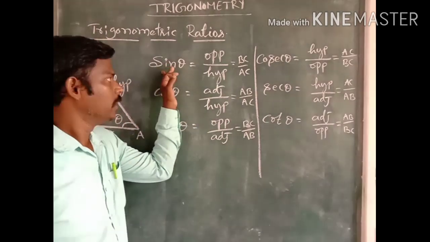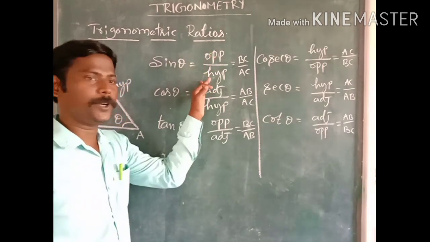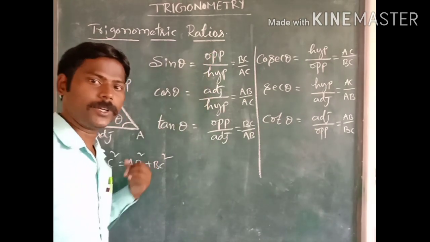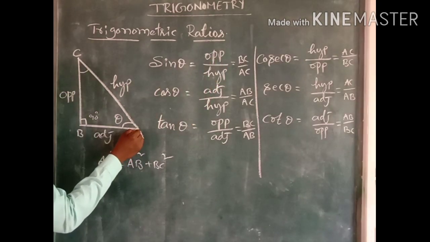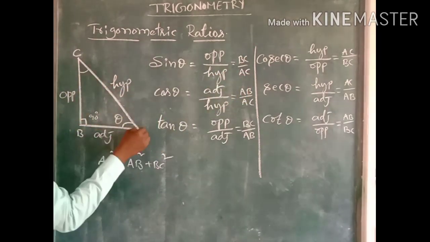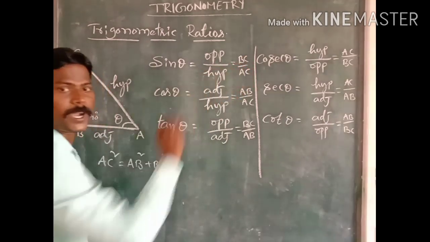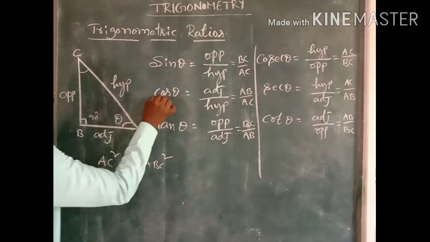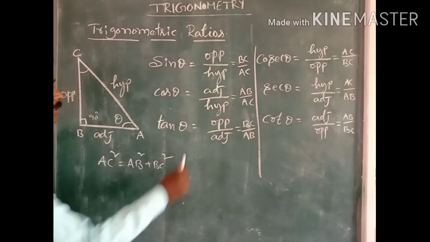Sin theta is equal to opposite side by hypotenuse. According to the given diagram, the side opposite to angle A is what, children? BC. BC by what is the name of the hypotenuse side? AC. BC by AC. Next, cos theta. What is the definition of cos theta?